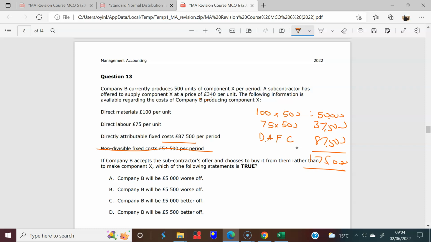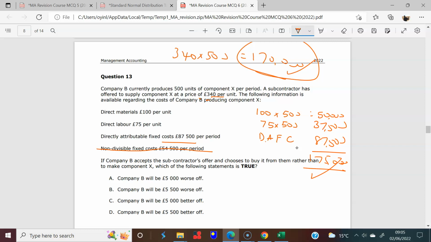Let's say we had gone with this option of 340. What we really need to do is multiply 340 times 500, and we get 170,000. So if we buy it, we spend 170,000; if we make it in-house, we spend 175,000.